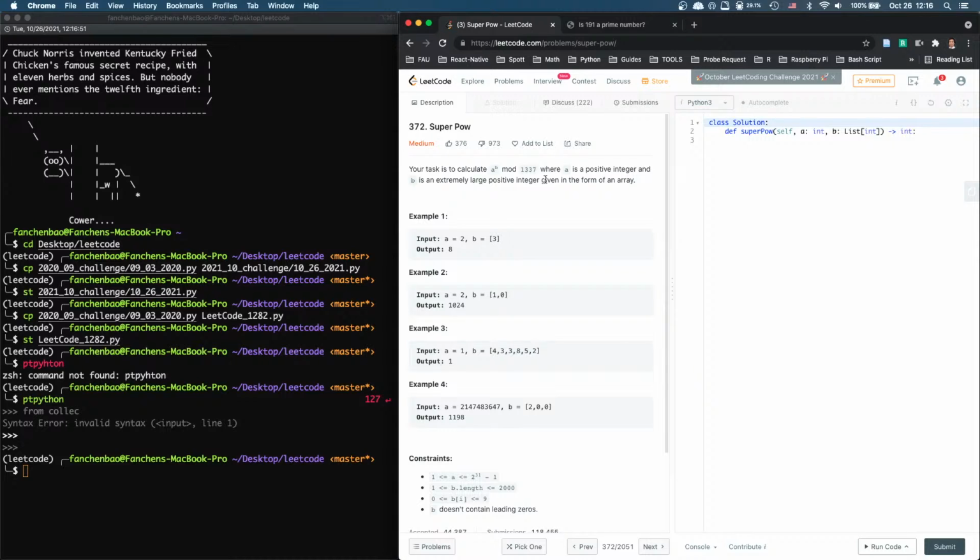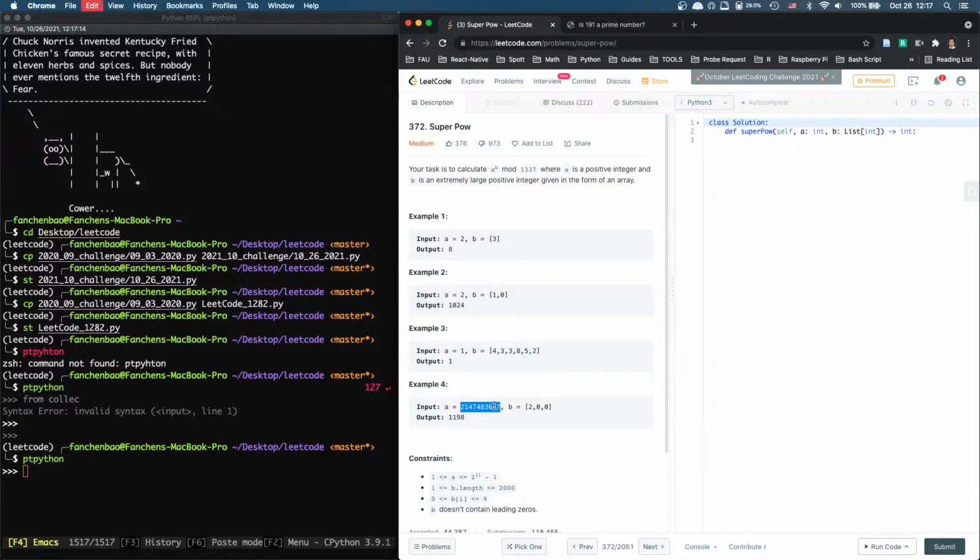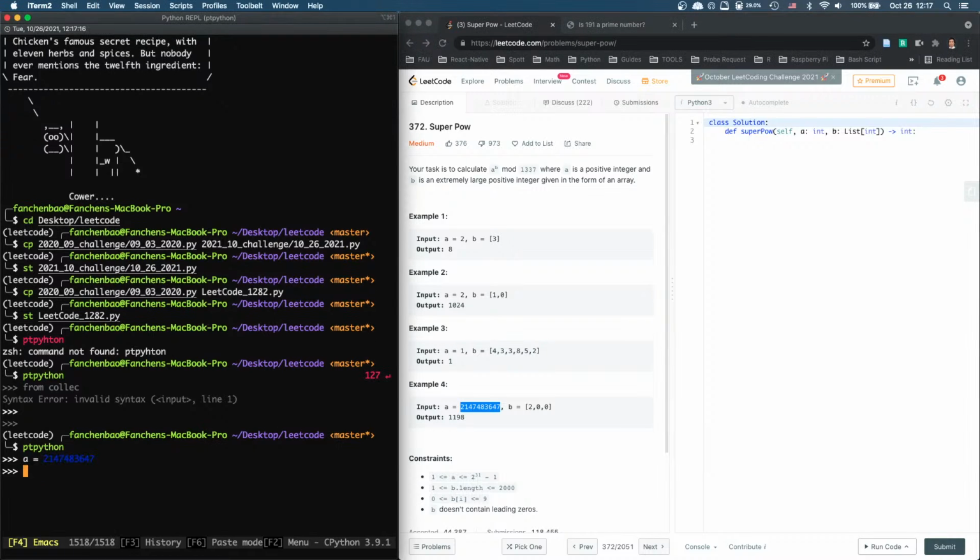Okay, let me see. I'm trying to do this one. So what if we do this mod 1337? It'll be easier just to do it here. So we have this value, let's say A equals this.